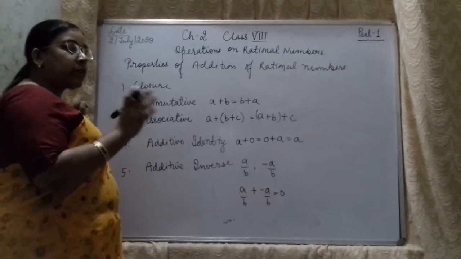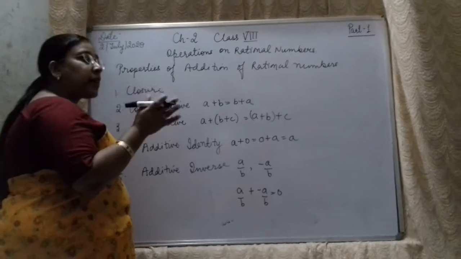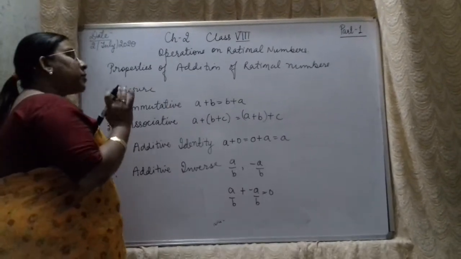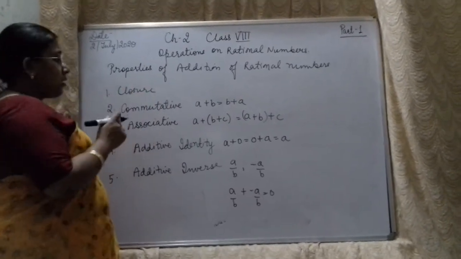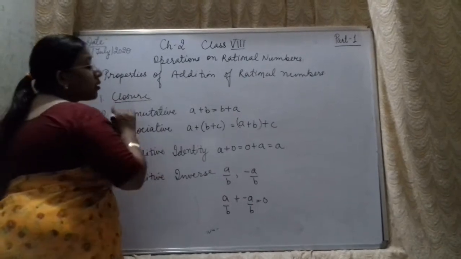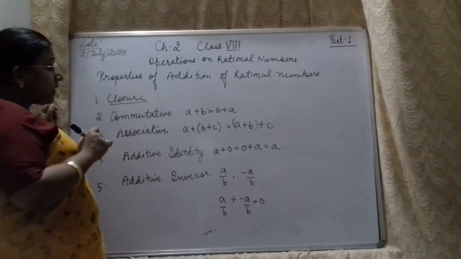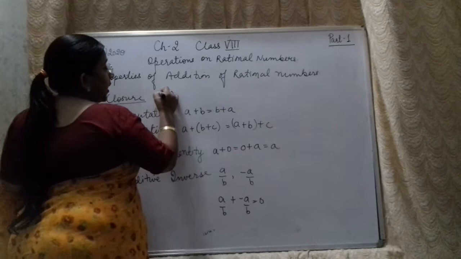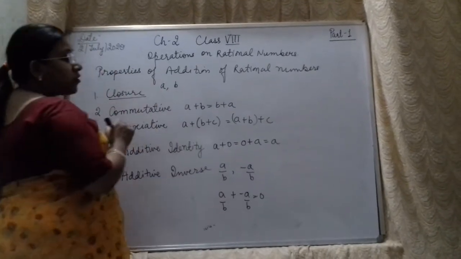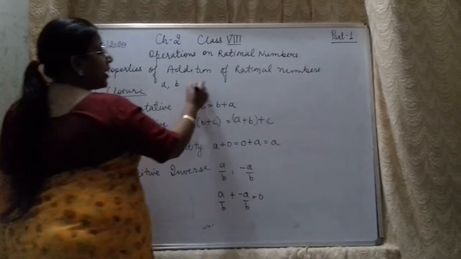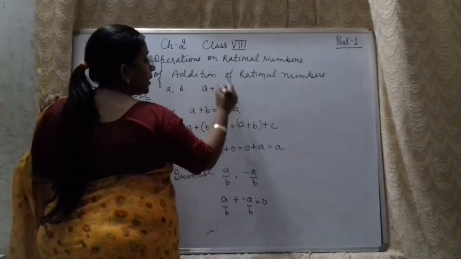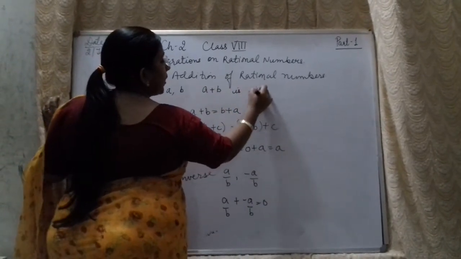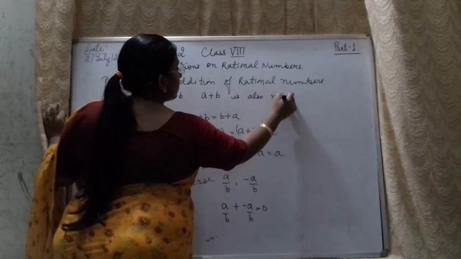Now that we know what rational numbers are and how they are added or simplified, we need to study the properties of addition. The first property is the closure property, which says that if A and B are two rational numbers, then their sum A plus B is also a rational number.